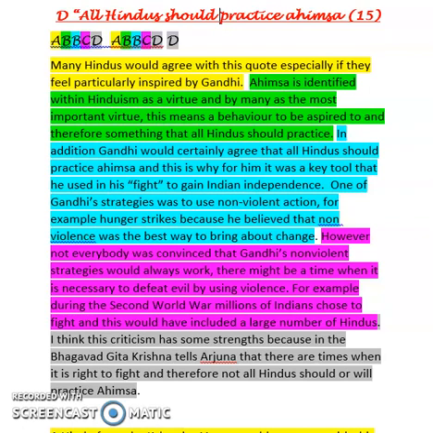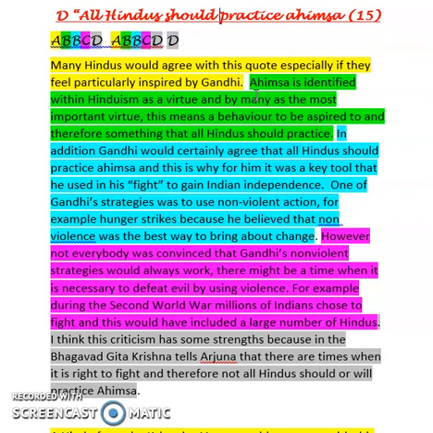So, my first response to this statement is that many Hindus would agree with this quote, particularly if they felt inspired by Gandhi. And if you can take that response where you identify which group would agree or disagree, that's a good way to start a question.